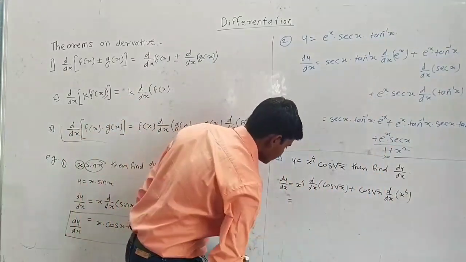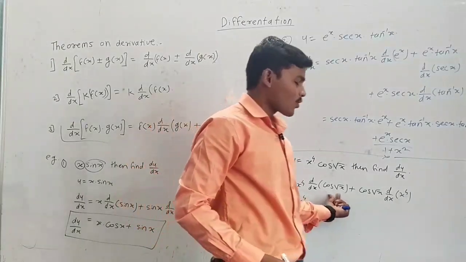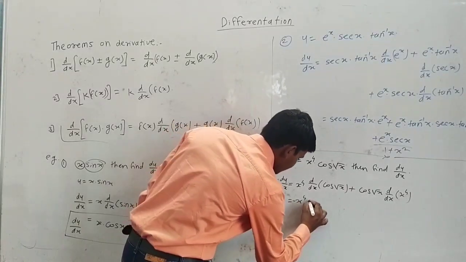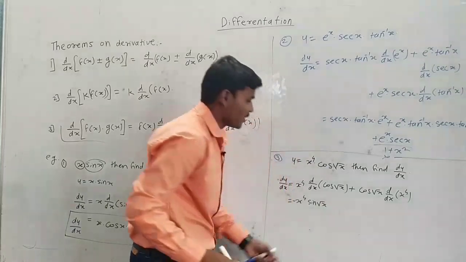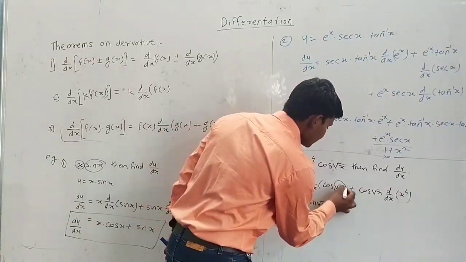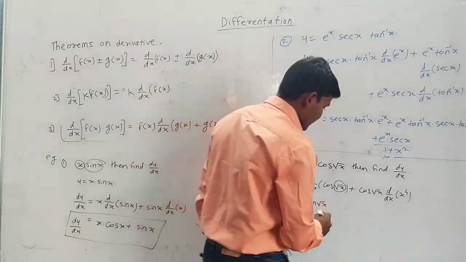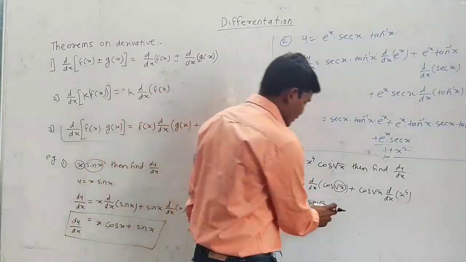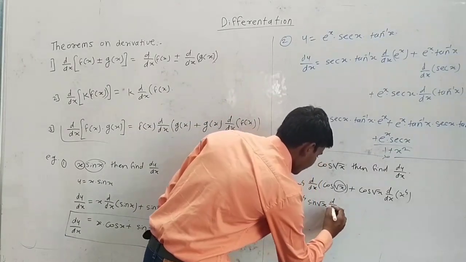Now x raised to 4, derivative of cos root x is minus sin root x, but here root x is not the standard function, so there we have to differentiate this again as a multiplication, right?